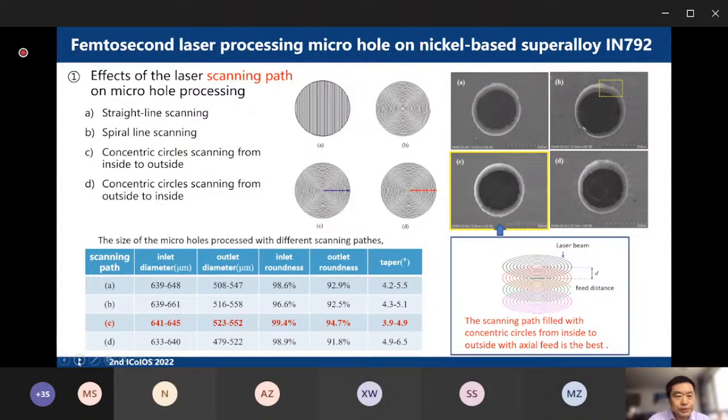Number 3, the concentric circles scanning from inside to outside, gives a processing quality a little bit better than the others. So please, next.